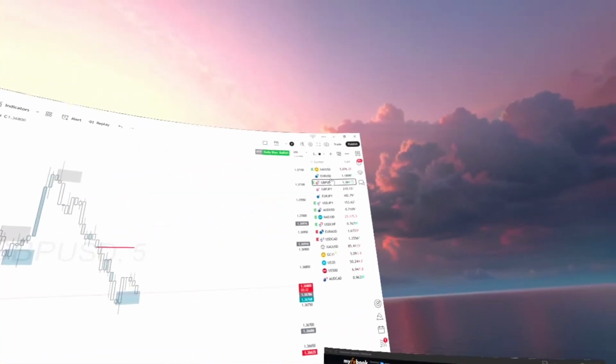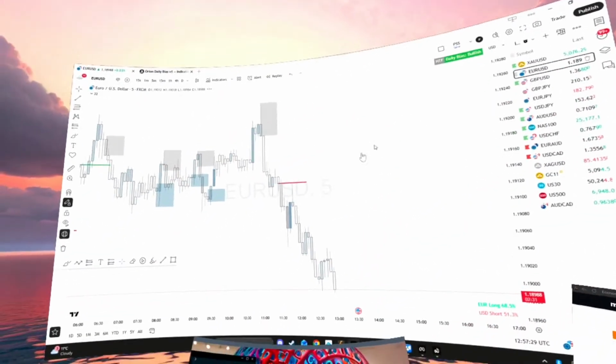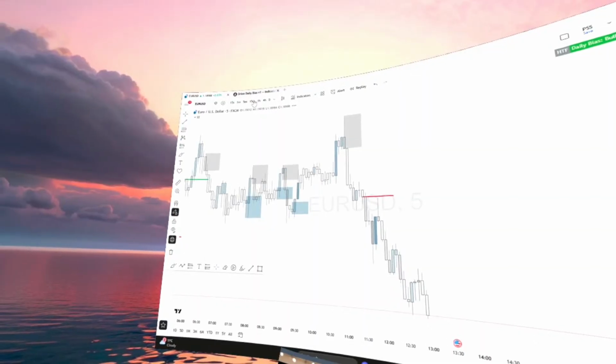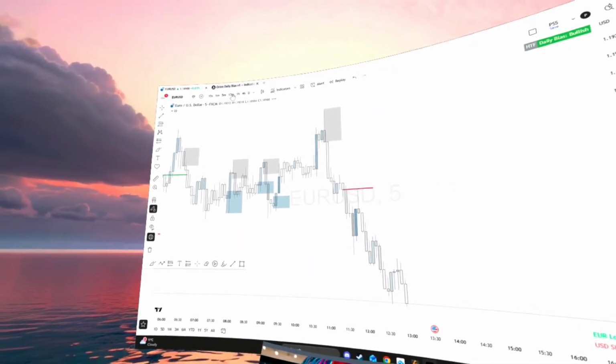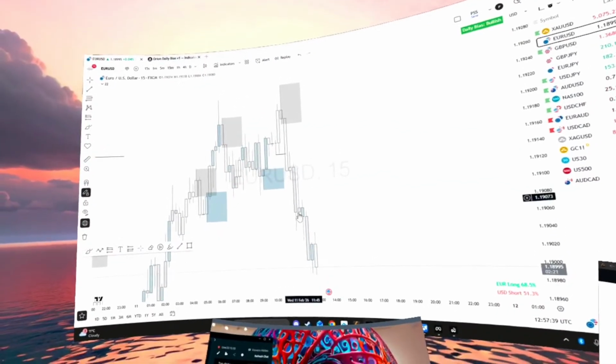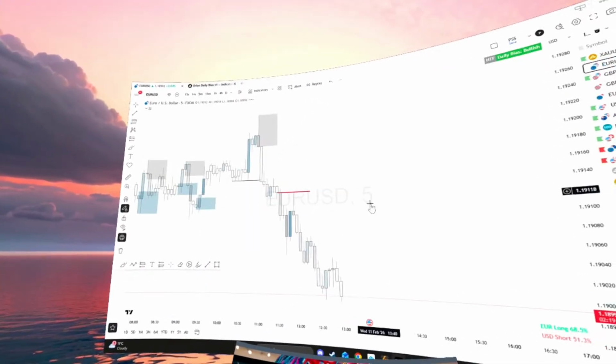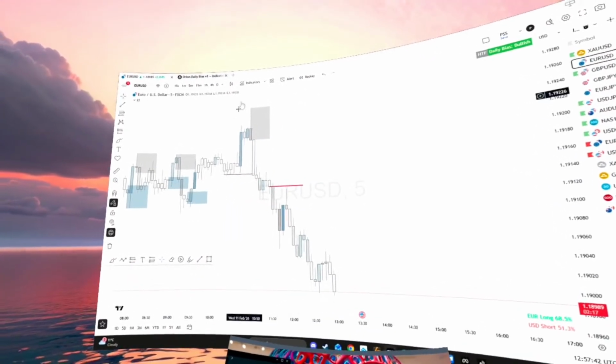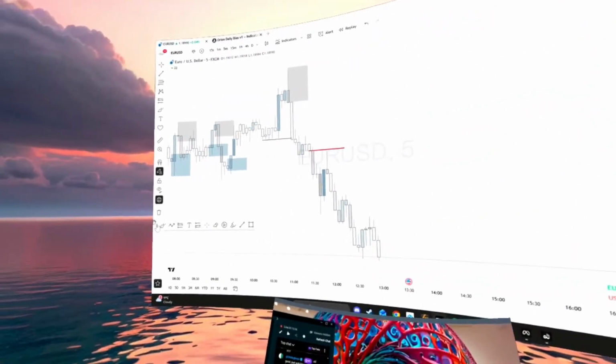Yes, so back to GU or EU, sorry. On the 15-minute, we're bearish, right? We're bearish to the downside. Then on the 5-minute, we're also bearish and we're bearish within this range here.